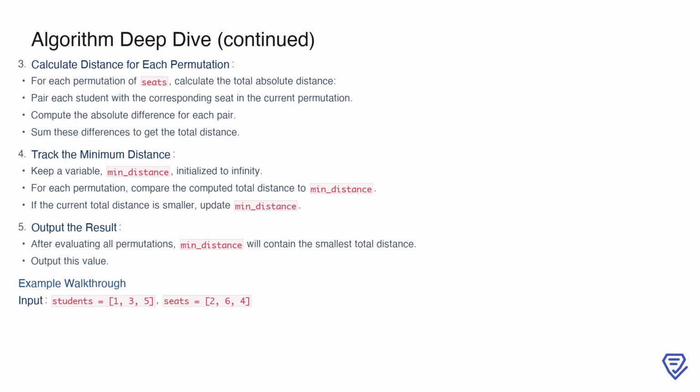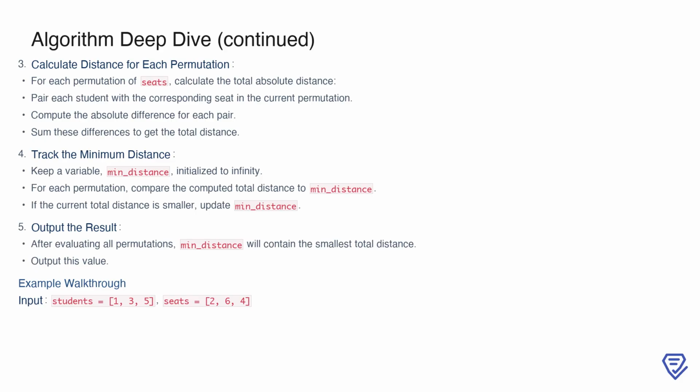To keep track of the smallest distance, we use a variable called min_distance, initialized to infinity. As we compute the distance for each permutation, we compare it with min_distance, updating it whenever a smaller total distance is found. Finally, after evaluating all permutations, min_distance will hold the smallest possible total distance, which is our result.